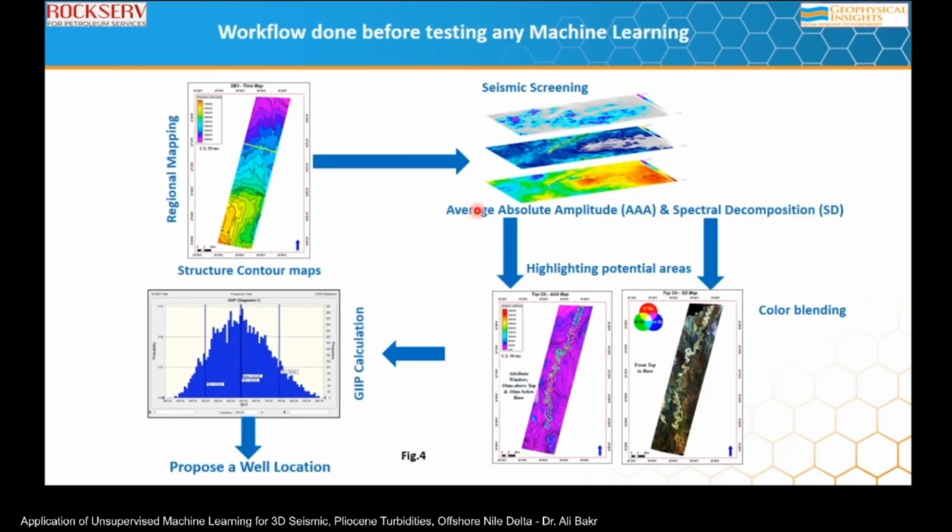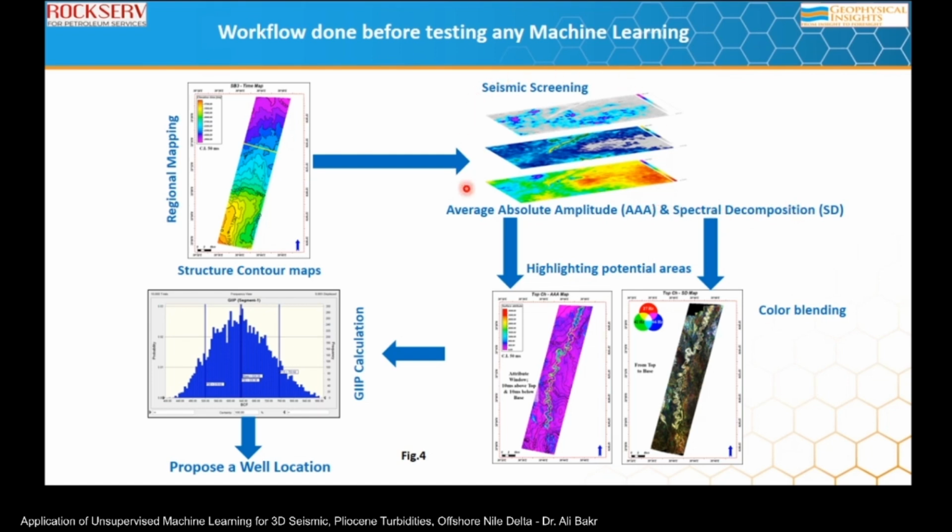Again, this is the workflow that we used in order to come up with the previous map. We started with the structure mapping on the SB3 itself, and came up with this nice map showing that the high is toward the south. At the same time, we ran the conventional procedure for exploration in that area, which is the average absolute amplitude and the spectral decomposition.